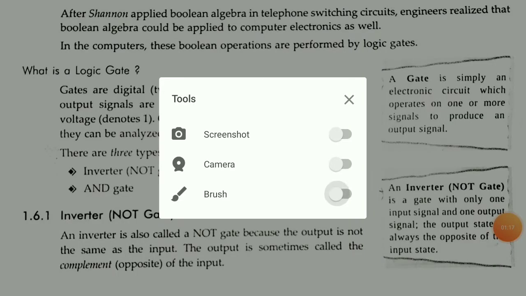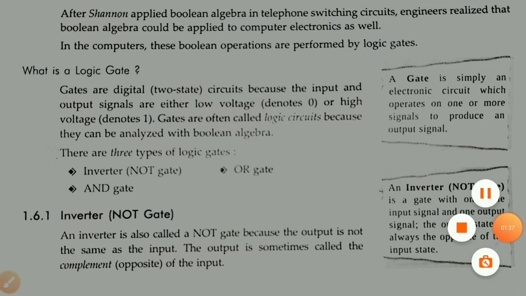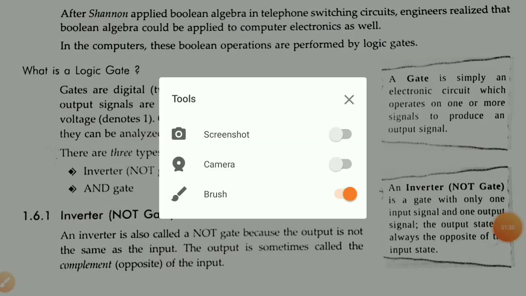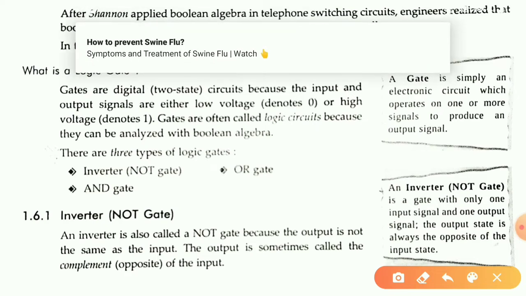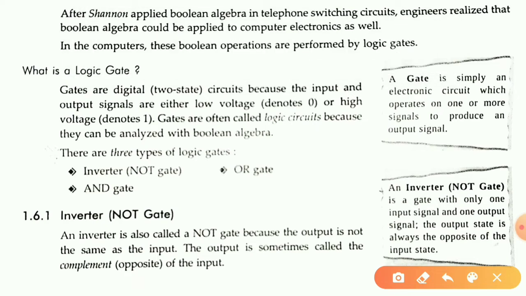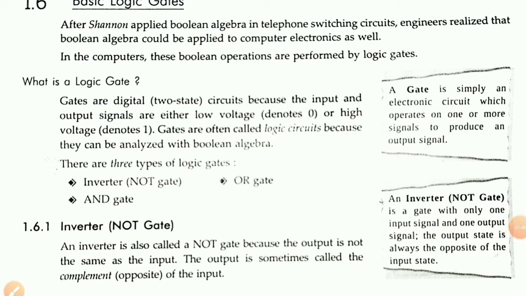Clear? Now, let me explain. Gates are digital two-state circuits, that is, the input and output signals have two states.